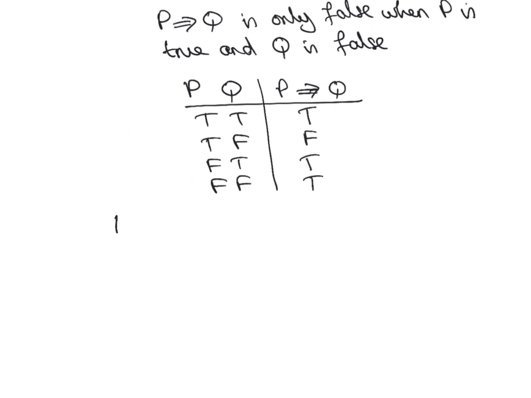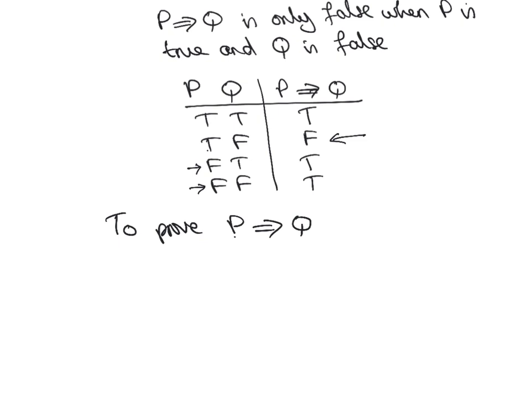So if we're trying to prove a statement of the form P implies Q, we need only worry about excluding the possibility that P is true and Q is false. So all we need to do is to assume P is true and show that Q must be true as well. Assuming P false is not necessary, because in both these rows here, the statement is always true. So we don't need to check that.